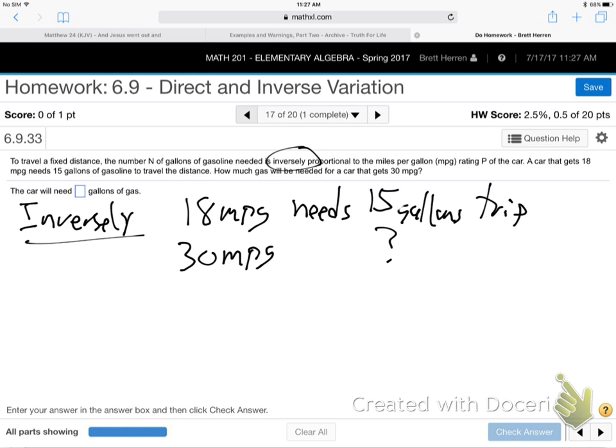Try that. See how many gallons you would use if you used the 30 mile per gallon car. So they're telling us it's inversely related, right?